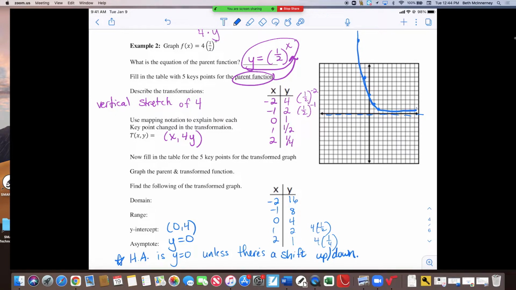But make sure you show that that exponential is getting closer and closer to the horizontal asymptote, but it doesn't touch it. So then my range is, in fact, 0 to infinity.